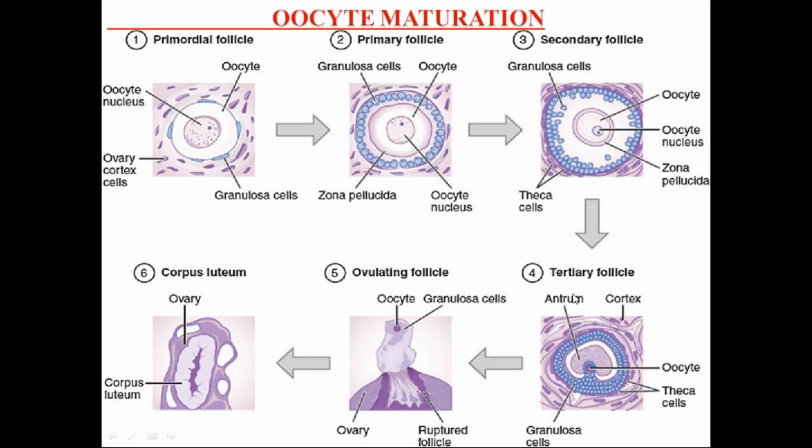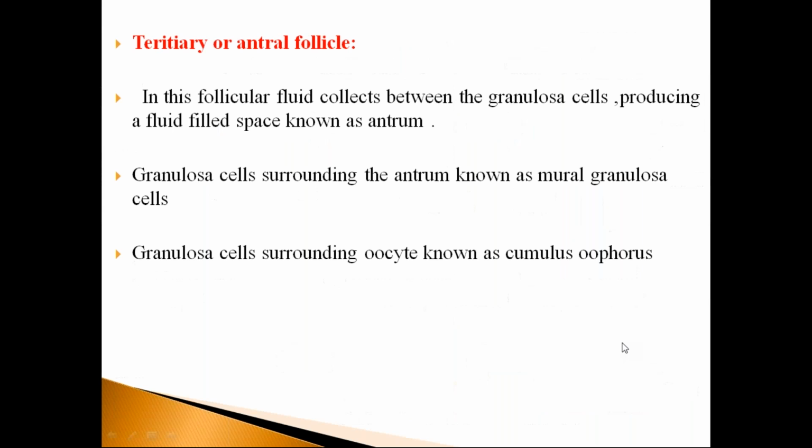Coming to the final development of the follicle, that is the tertiary follicle, or antral follicle, following the secondary or preantral follicle. In the tertiary follicle, the granulosa cells develop spaces filled with fluid, followed by fluid-filled antrum formation.